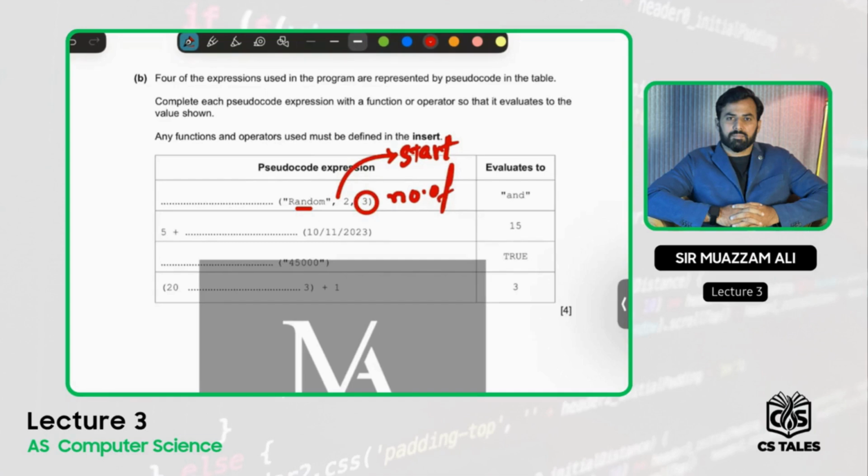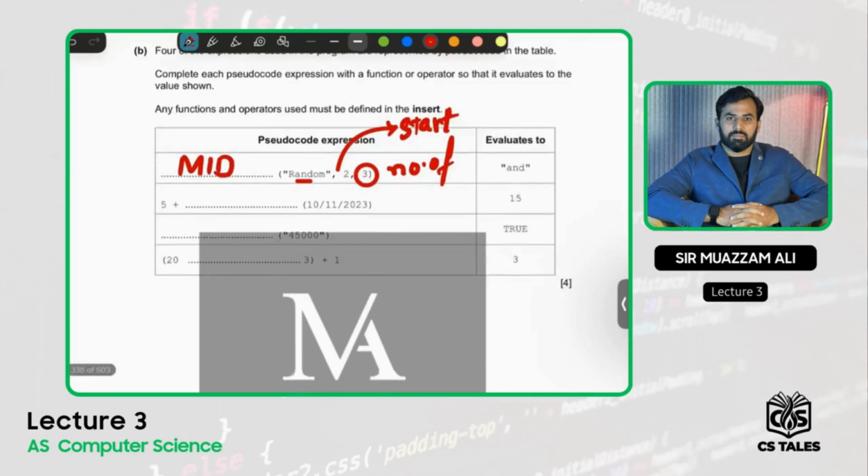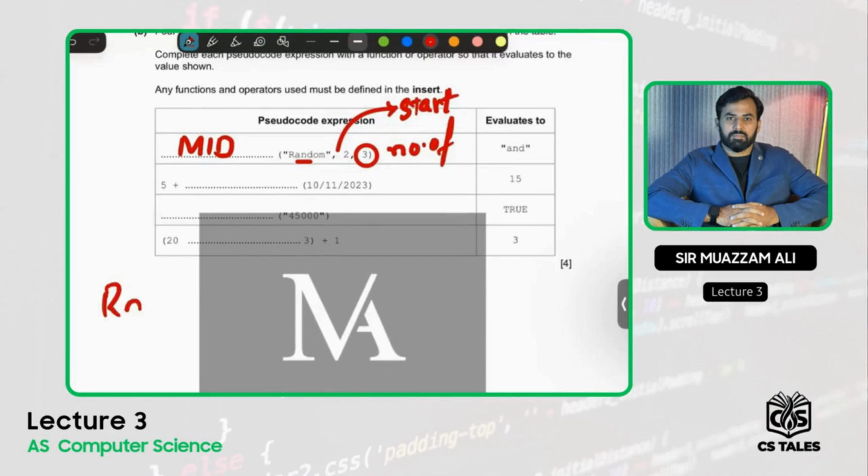So clearly this is a substring function, in which you can pick from the random number, or MID as well, you can take one of them. So this is the MID function. Random means there are a total of 1 2 3 4 5 and 6.